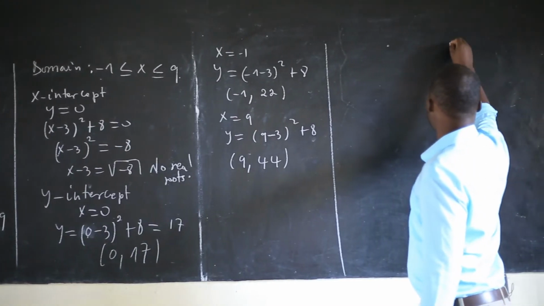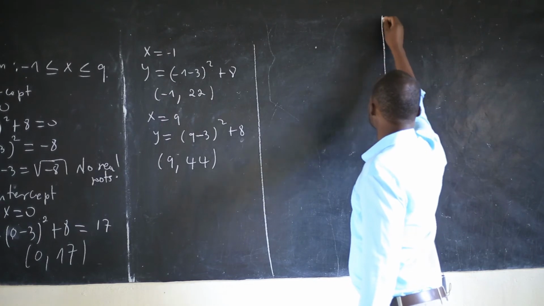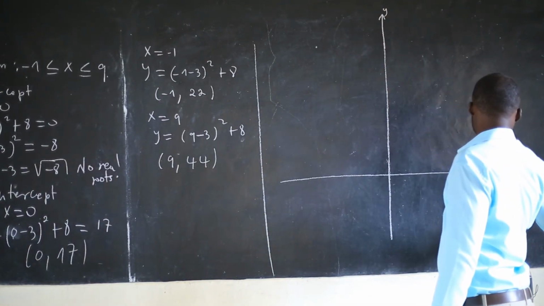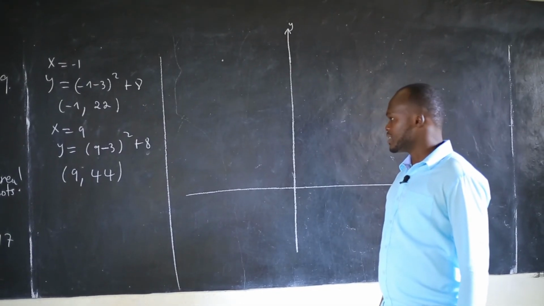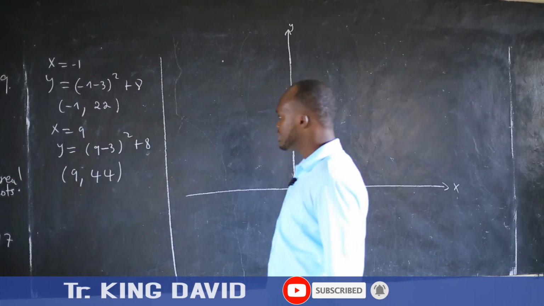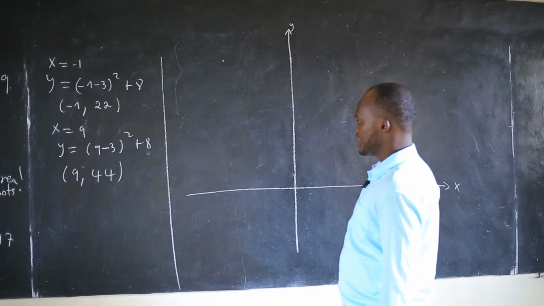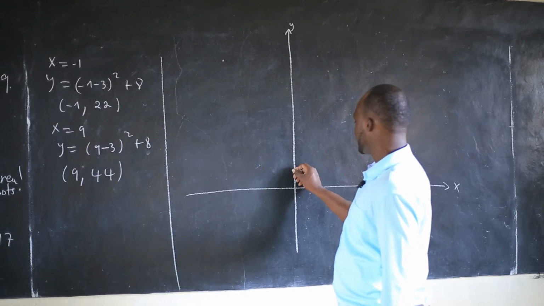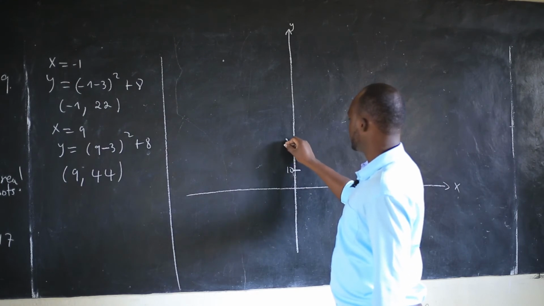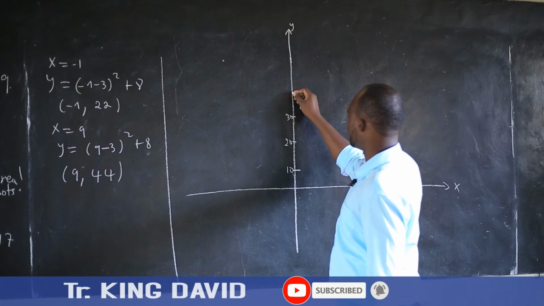We have the y-axis, and you have the x-axis. Because we need 44 on the y-axis, and we need 17, let me use steps of 10. This is 10, this is 20, this is 30, and this is 40.